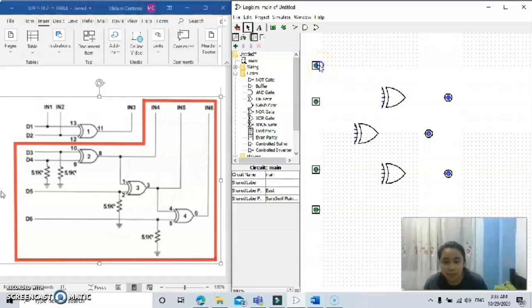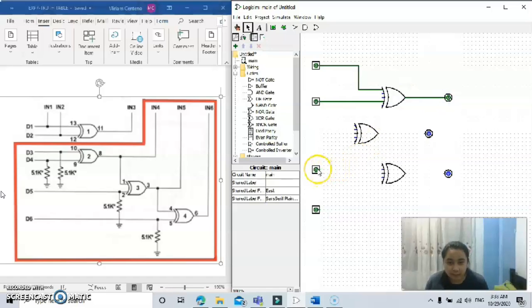As for input 3, it is connected to pin 10 of the first XOR gate, and input 4 is connected to pin 9, and pin 8 is connected to output number 4.